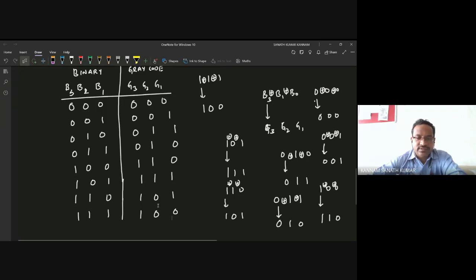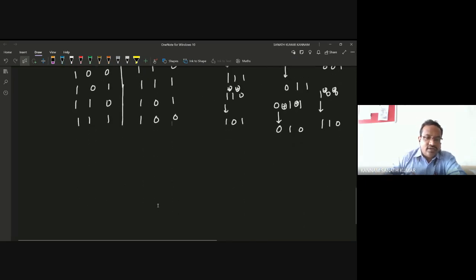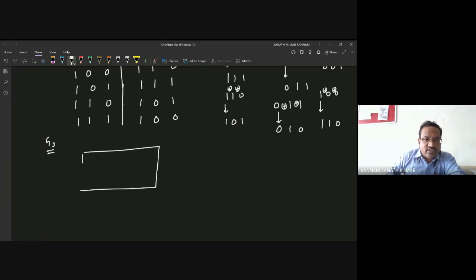For getting the output expression, you need to draw the K-map for G3, G2 and G1. By using the K-map, you will get the output expression. First of all, I'm drawing the K-map for G3.